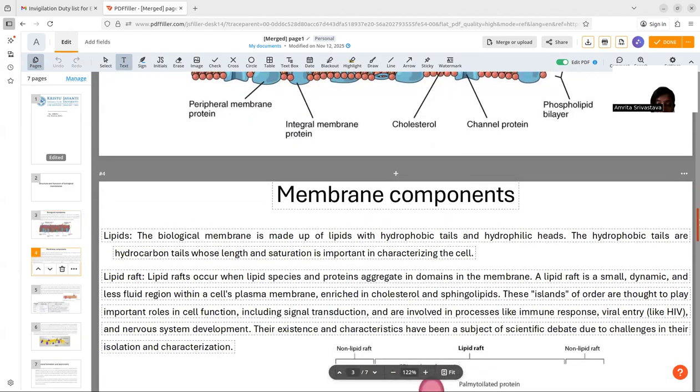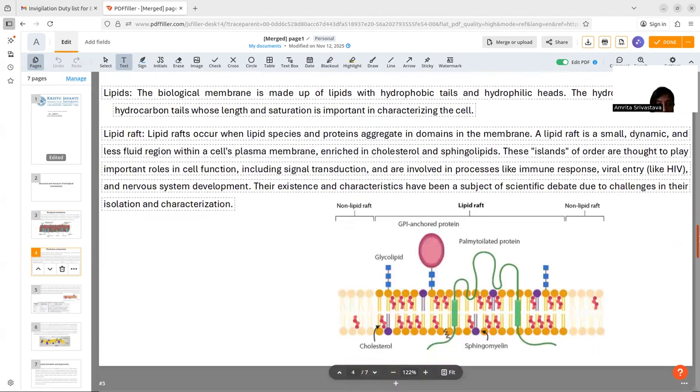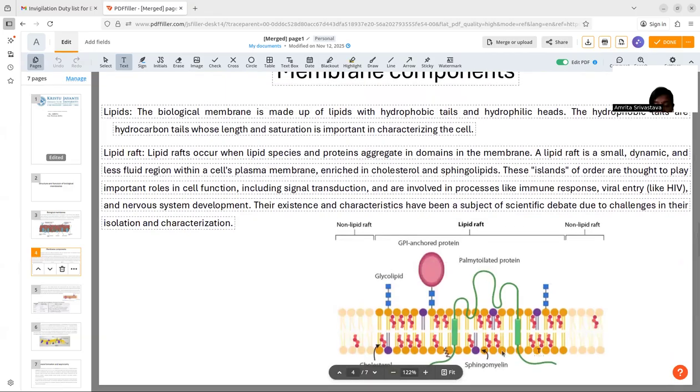And the membrane's key components, if we see, are the lipids that I showed, which have both polar and non-polar ends. And these lipids have a particular role because the non-polar hydrophobic tails can come together to form a very compact structure, and the polar regions will be outside.